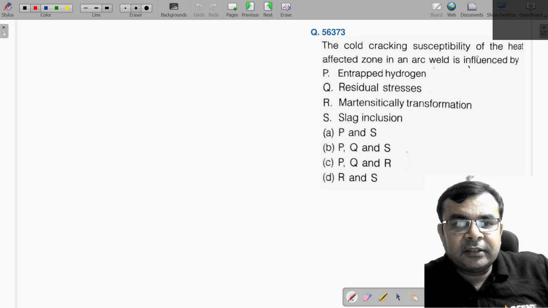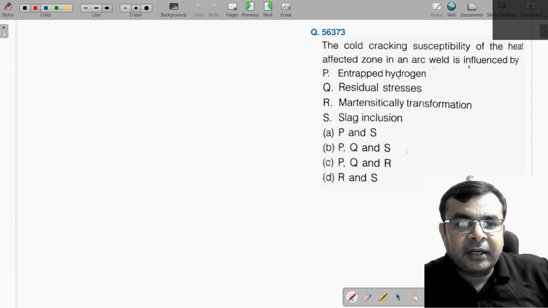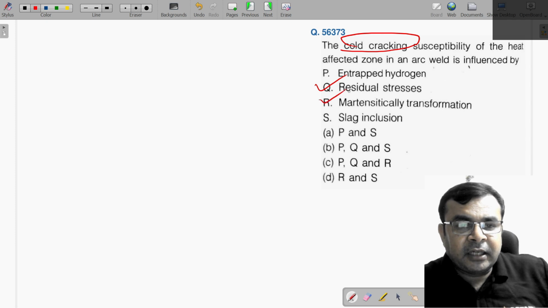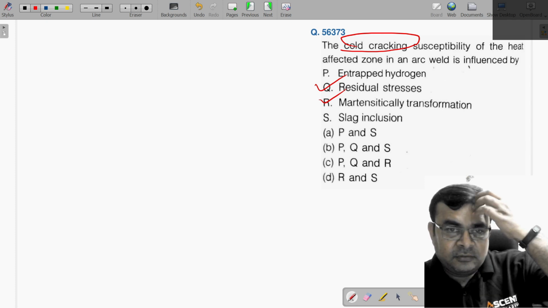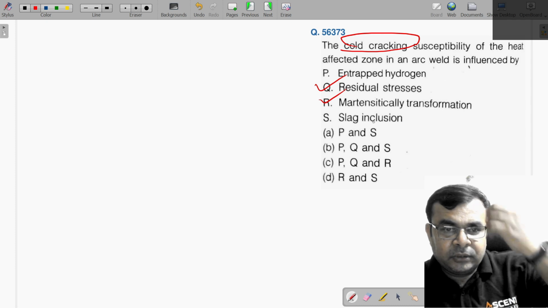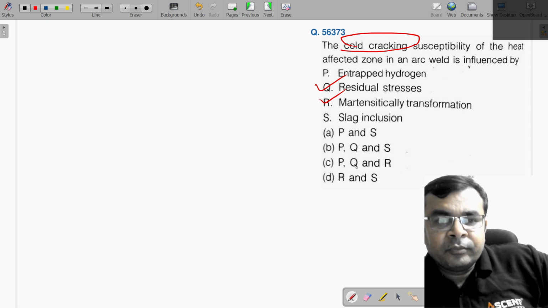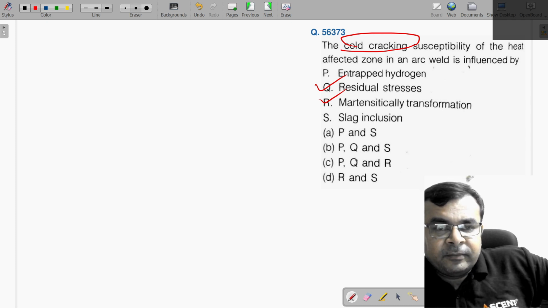The cold crack susceptibility of the heat affected zone in arc welding is influenced by entrapment of hydrogen, cold cracking, residual stresses, martensitic transformation. Q and R is necessary.